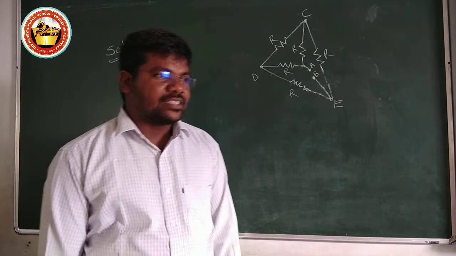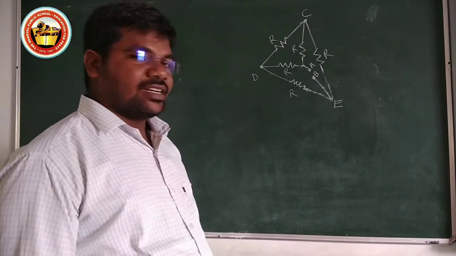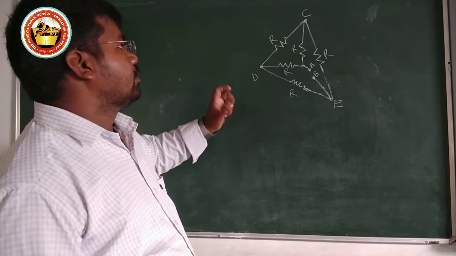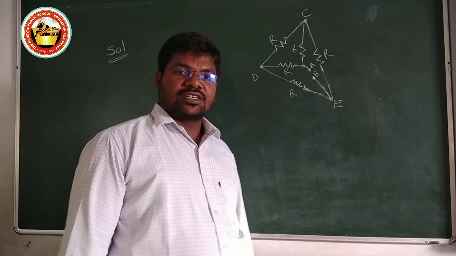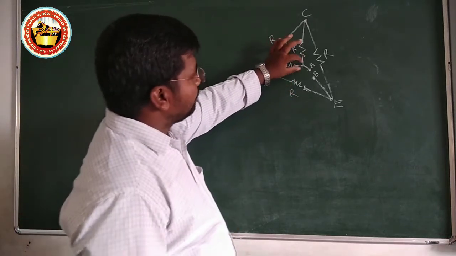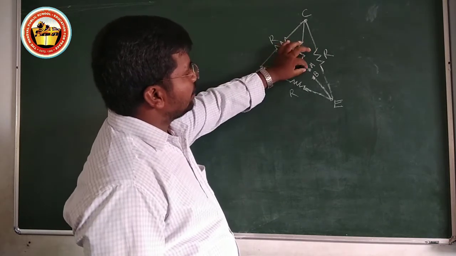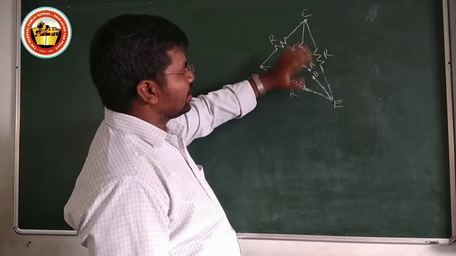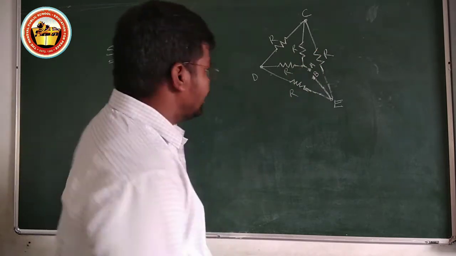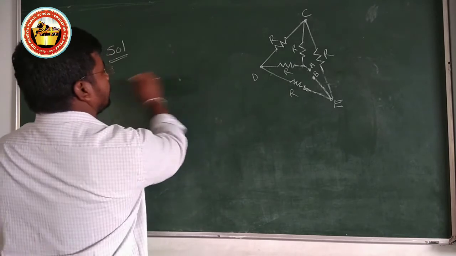By seeing it, it is very difficult to understand and to get the effective or equivalent resistance. See here, by opening A like this, we can get a different circuit. Just we have to open.